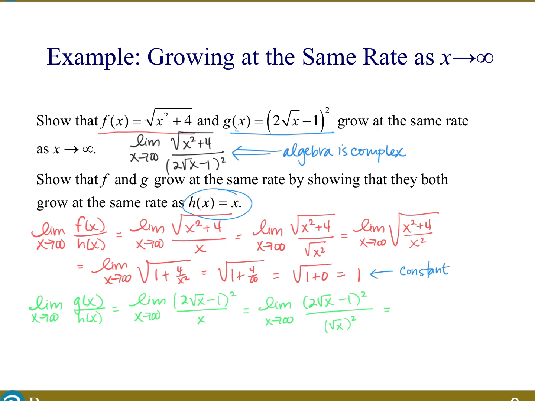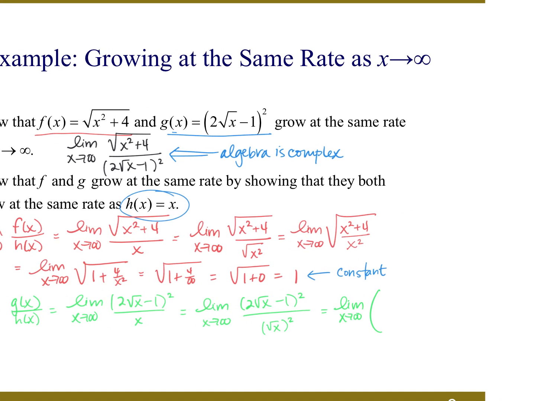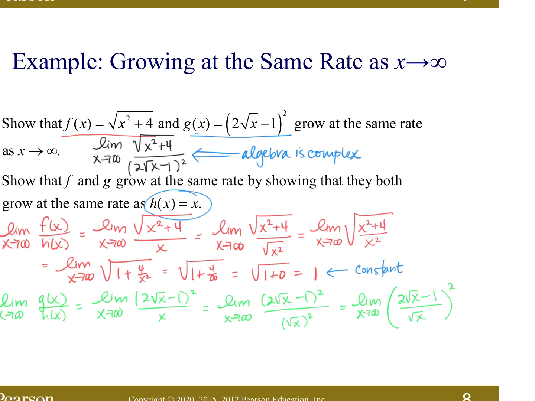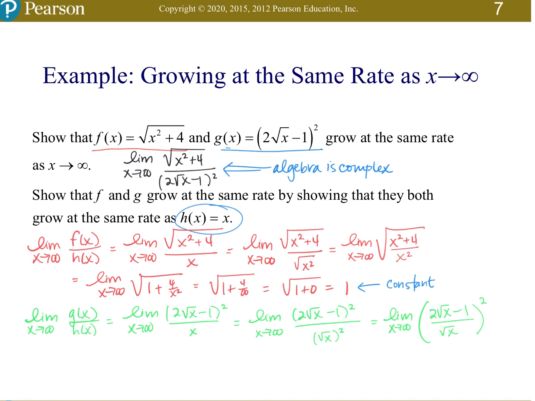So I can consolidate these into one quantity, and I can say it's 2 rad x minus 1 over rad x, and the whole quantity is squared, which allows me to do a little bit more algebra with common denominators. So it'll be 2 minus 1 over the square root of x, quantity squared.